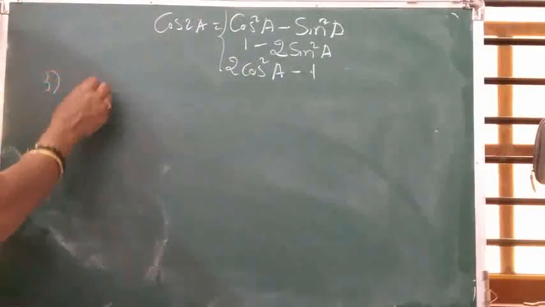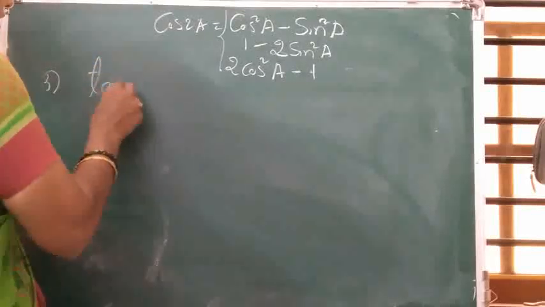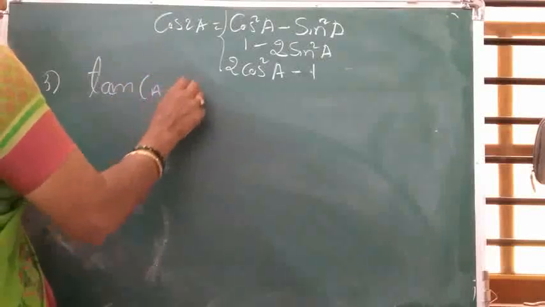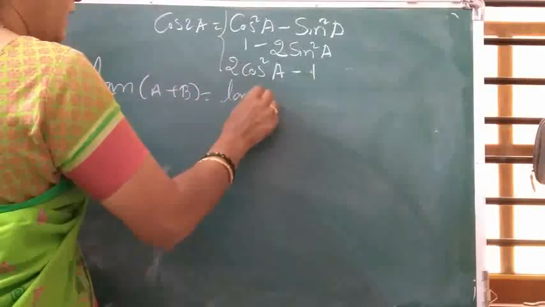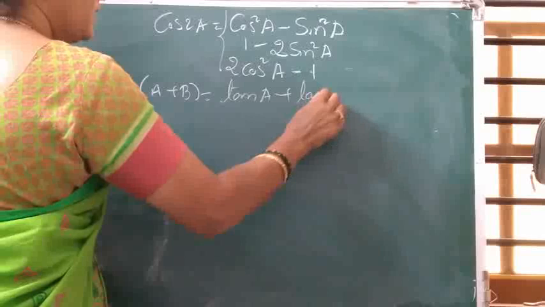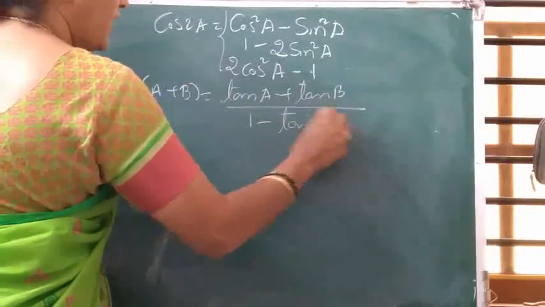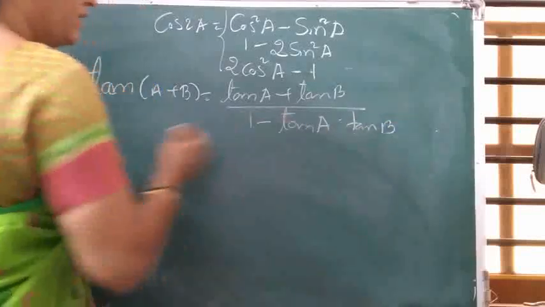Now, I'll find out the multiple angles for tan. You know, tan of a plus b is tan a plus tan b divided by 1 minus tan a into tan b.